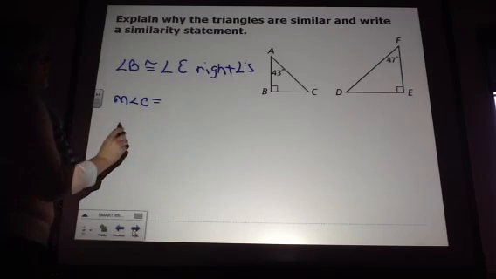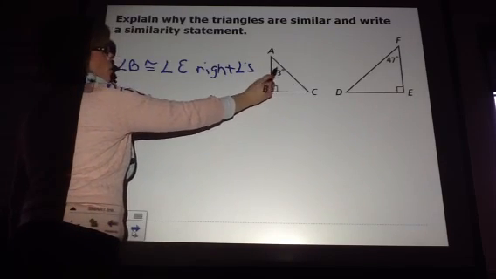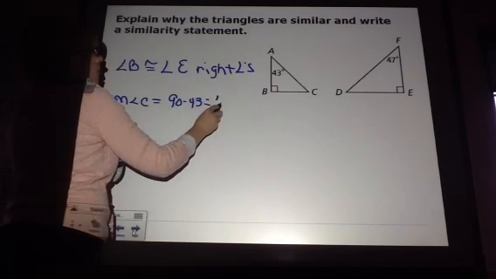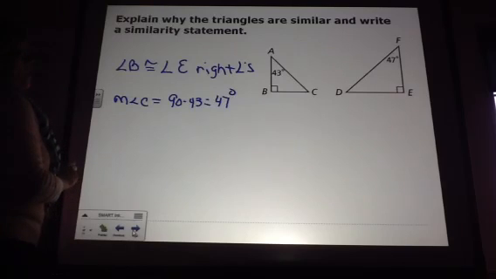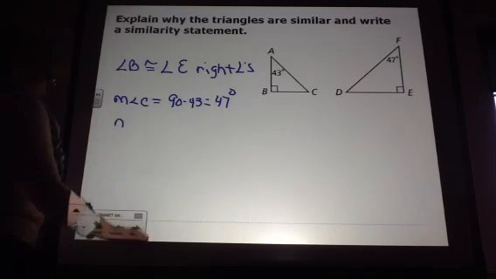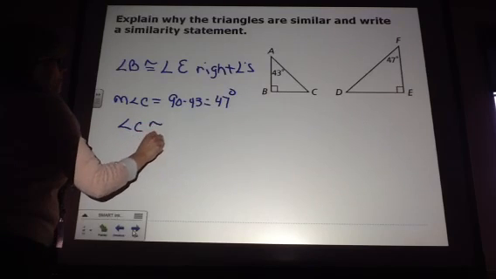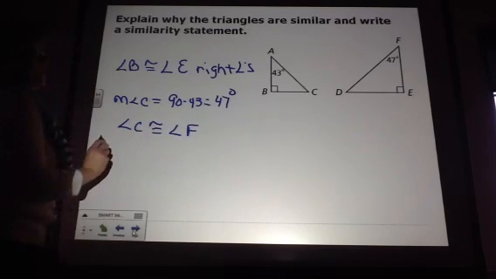Well, if this angle is 90, then the sum of these two angles is 90. So just take 90 minus 43, and you get 47. So we have angle C, which is 47, congruent to angle F.